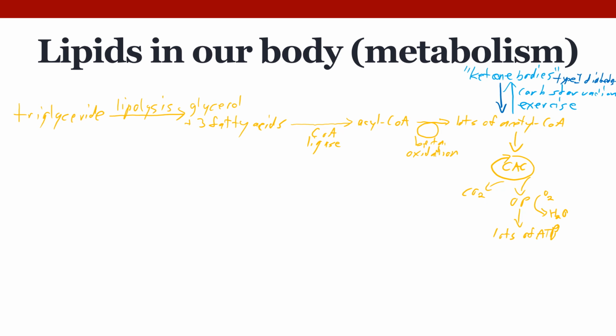Ketosis in itself is not really great for your body. It's an indication, as we said, of starvation, but it also is a normal part of extreme exercise. So sometimes it just happens.